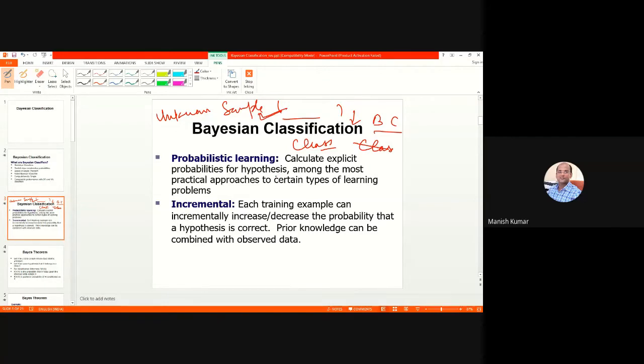That means we can include it in the training samples, and as a result, all the probabilities we have already calculated based on the hypotheses will change. In some cases they may increase, in some cases they may decrease as well. So that way it is incremental in nature. Okay, fine.